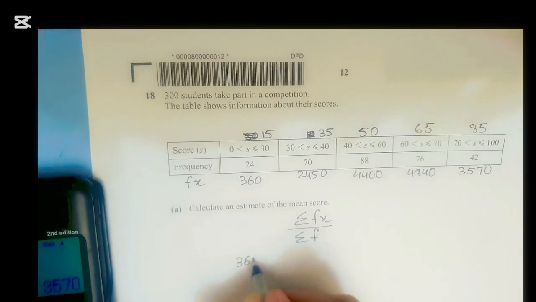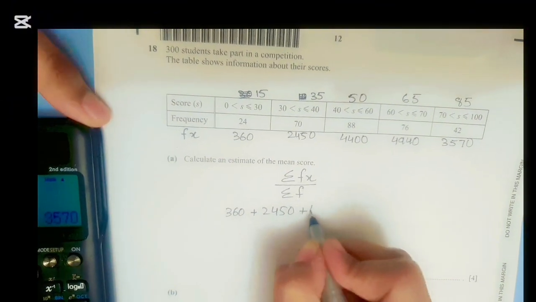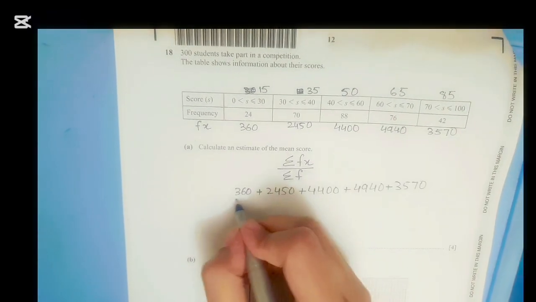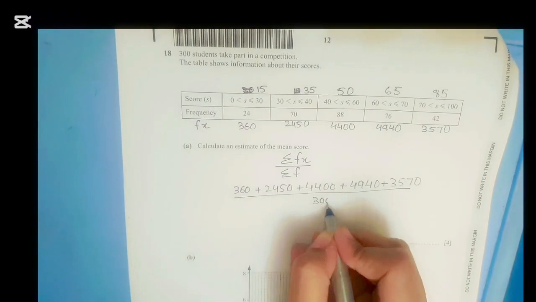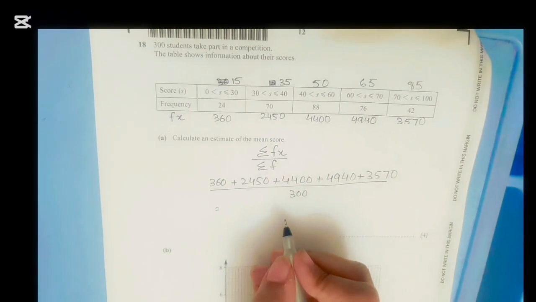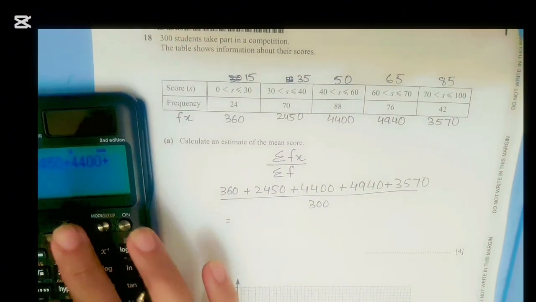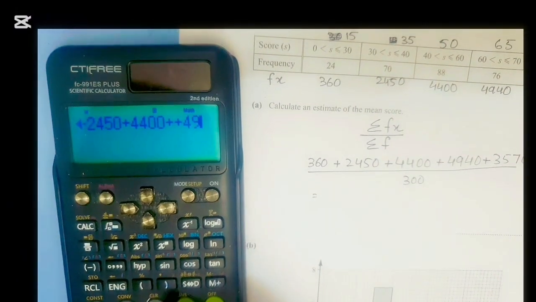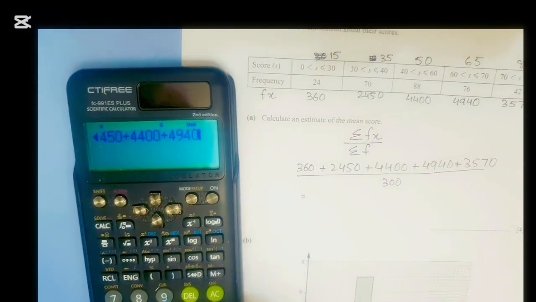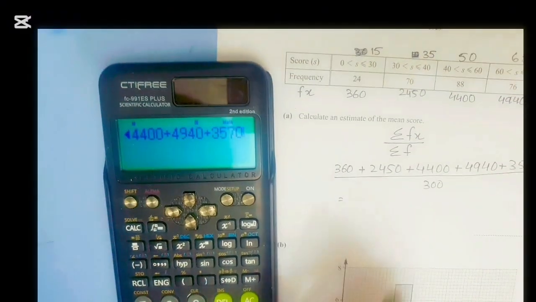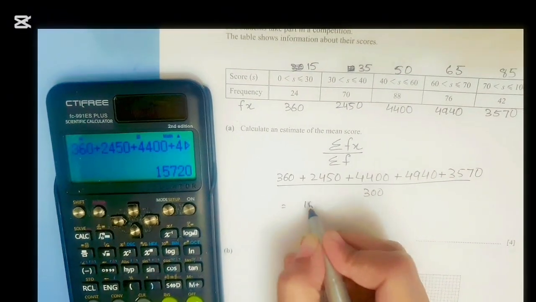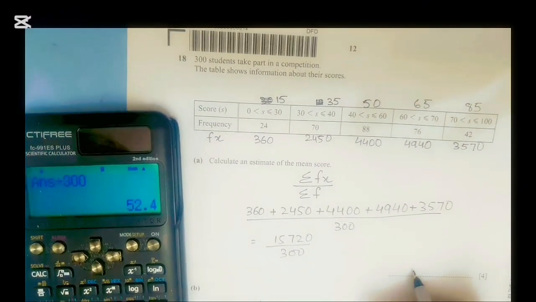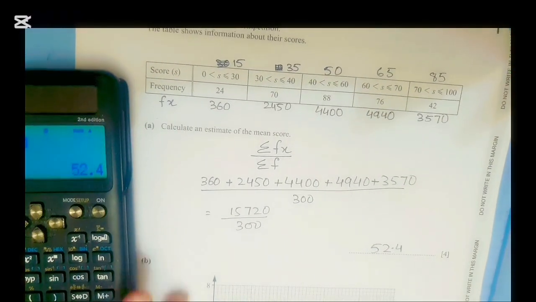So I'm going to add 360 plus 2450 plus 4400 plus 4940 plus 3570, and their total is 15720. The total frequency is 300, so we divide: 15720 divided by 300, so we'll get 52.4. Okay. Now part B.